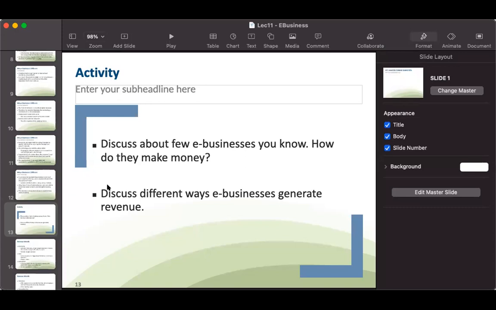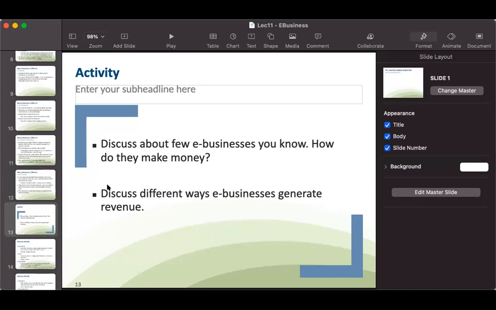For the first question and the second question you can combine them and answer, right? So you just identify, let's say, 5 businesses, and then you just type about how they make money, which means how they generate revenue. So the same question is repeated, right?